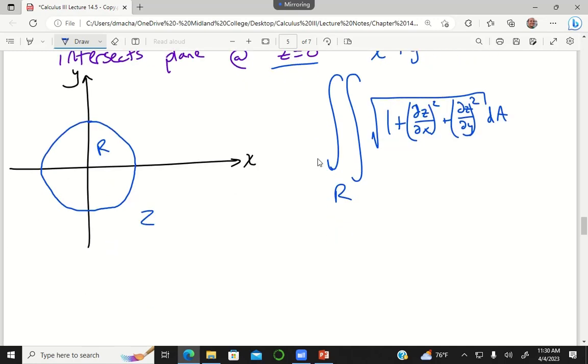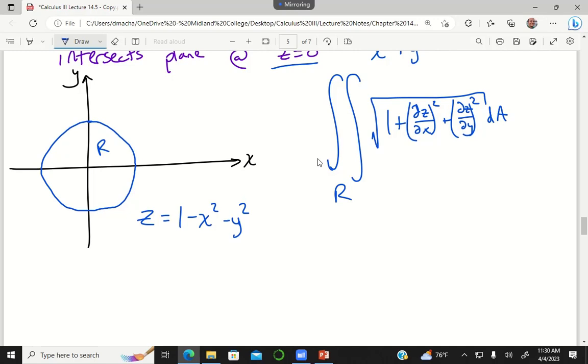And my surface is z equals 1 minus x squared minus y squared. That's a paraboloid. And you might notice that in this case my region has radial symmetry about the origin, and also my surface has radial symmetry about the z-axis. And so this is a really good opportunity to use polar coordinates.